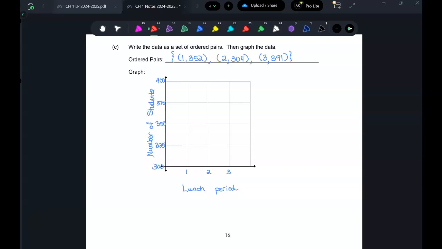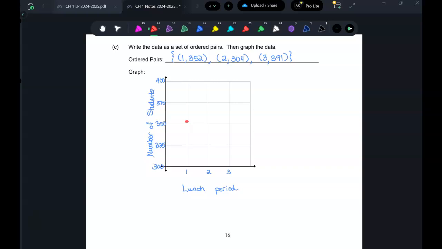Vote for Kobe. Okay, so for 1,352, it's just going to go a little bit above that line there, right? You have to put a dot in the middle. Oh wait, no you don't. Okay, so then 2 goes with 304.